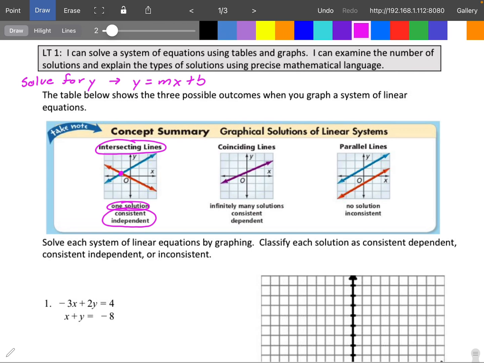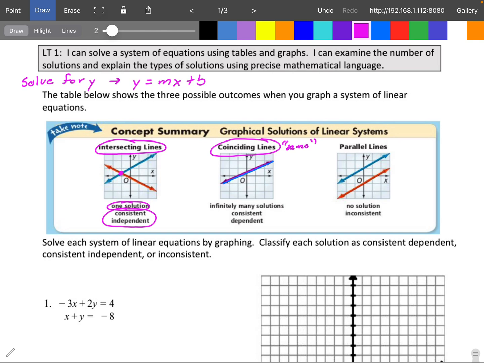The second possibility is going to be when you graph them, they end up being the same line. So we graph one, and then you come back and graph the other one and realize it's the exact same line. So that's what we call coinciding lines, meaning they're the same line.